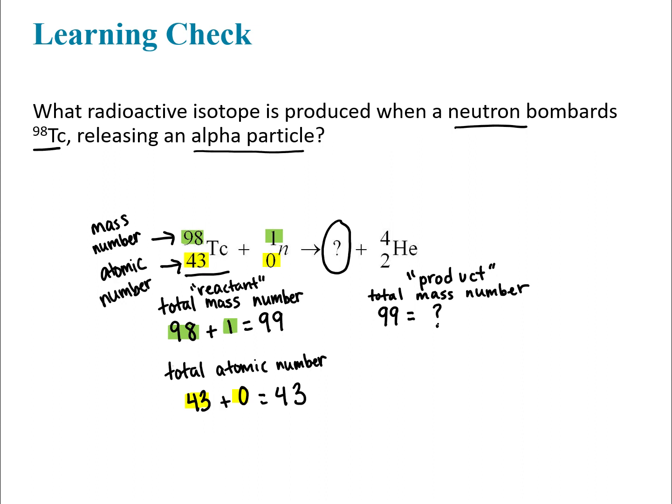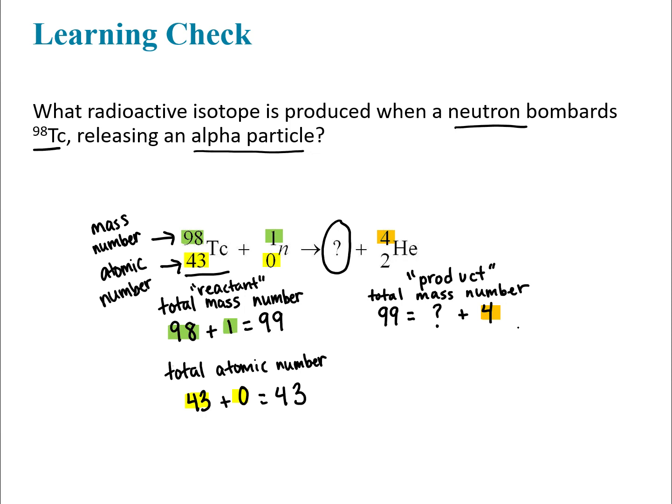And that total is going to be the mass number of our new element, which we don't know, plus 4 from the helium, excuse me. What's the mass number of our new element?